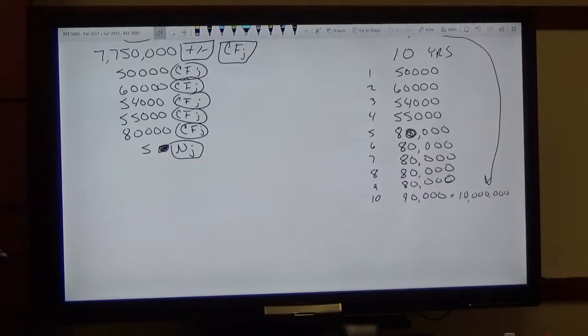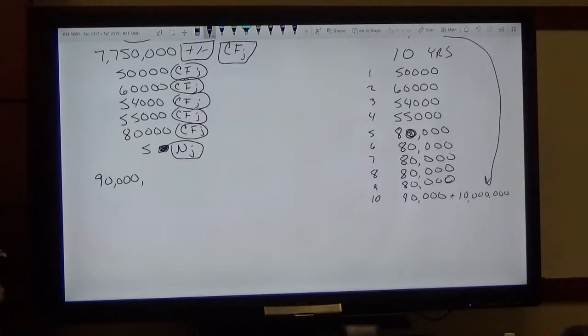And then that tells the calculator that 80,000 occurs 5 consecutive times. Or you can just key in 80,000 4 more times. Okay? All right.